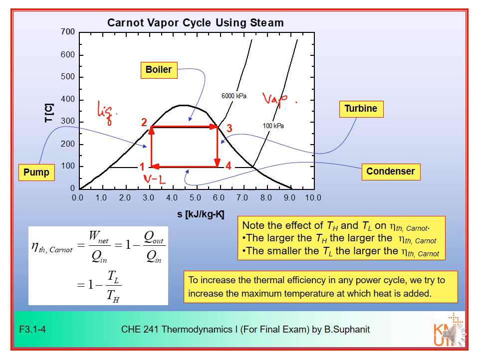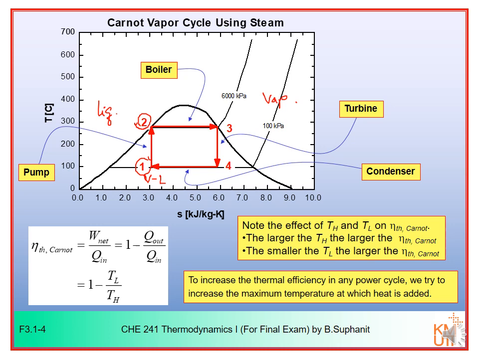The first reason why it's very difficult to use Carnot cycle is in process 1-2. You can see we pump the vapor liquid mixture from number 1 to the saturated liquid number 2 here. But the equipment that we use to increase the pressure here is the pump.